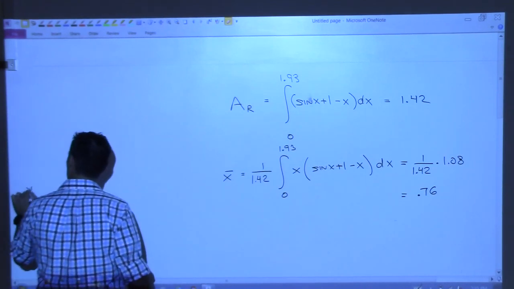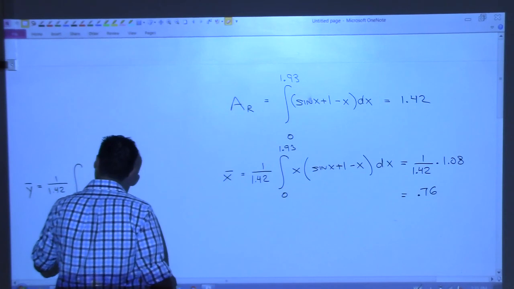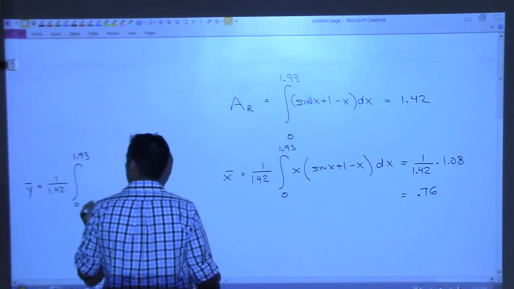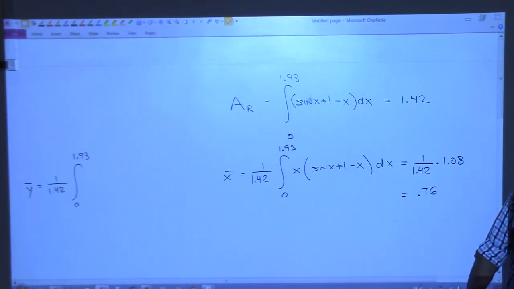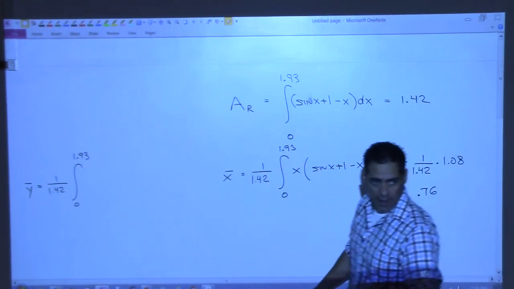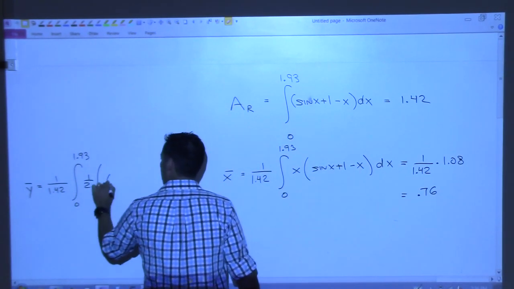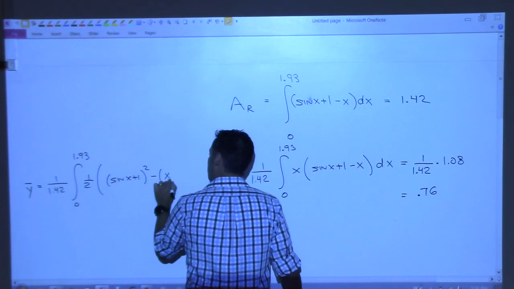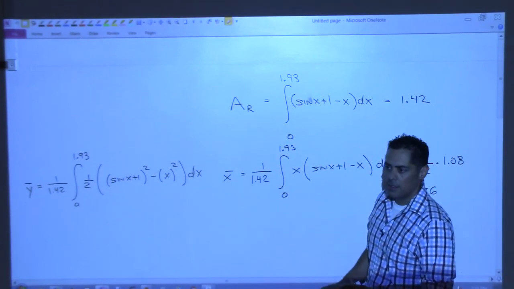Y bar is 1 over 1.42 integral from 0 to 1.93, and then it's just half of your f function squared minus your g function squared. That's the formula I just put up on the board a second ago, right?